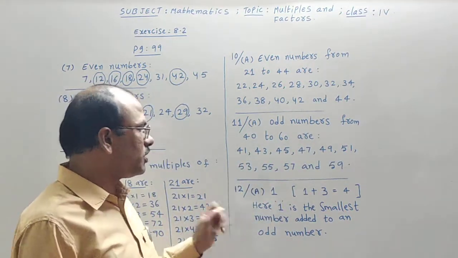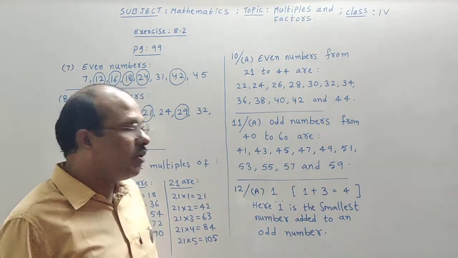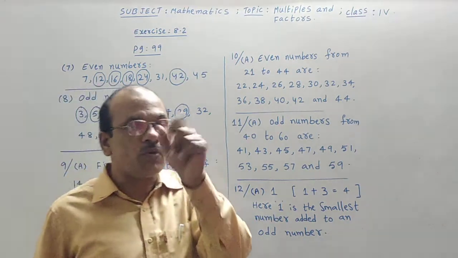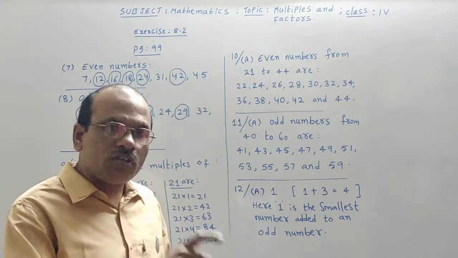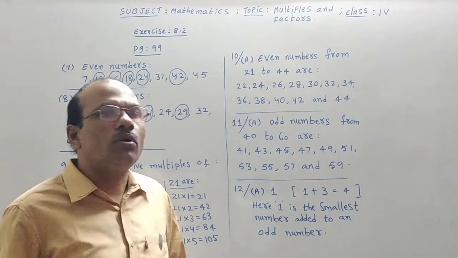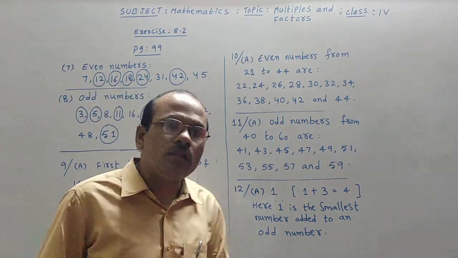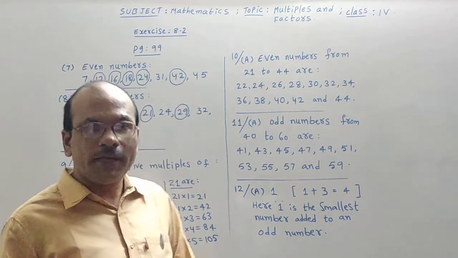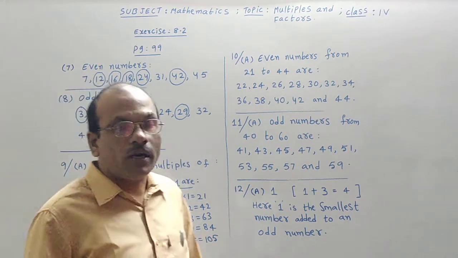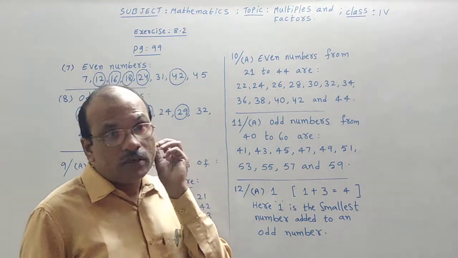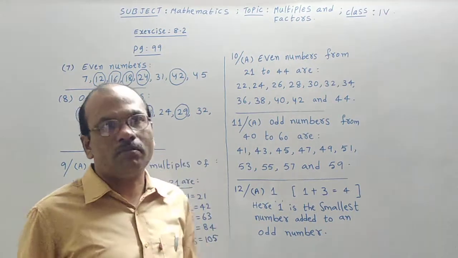Let us come to the 12th one. They said: write the smallest number which, when added to an odd number, gives an even number. Such a condition should be satisfied while selecting that smallest number.